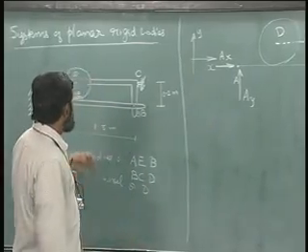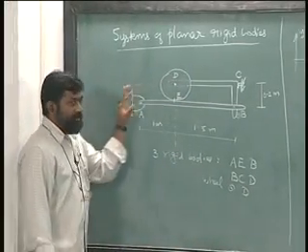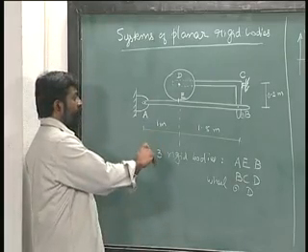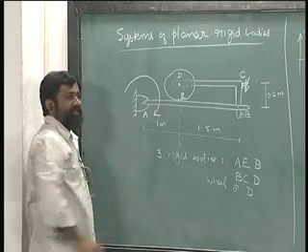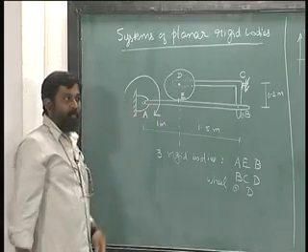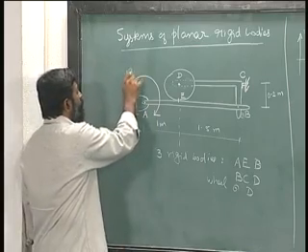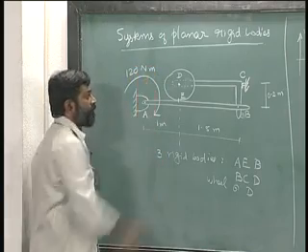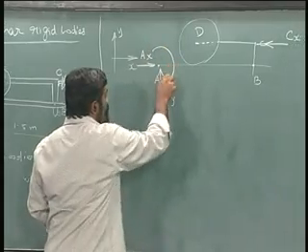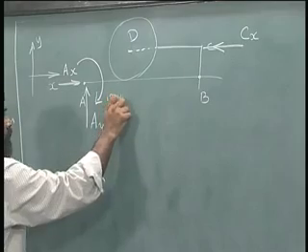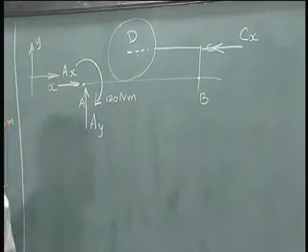Any other? In addition, in this particular problem it is given that there is a moment acting here. Think of some motor that is applying a torque of 120 Newton meter. So I need to transfer that over here. There is a 120 Newton meter that is acting external to this.